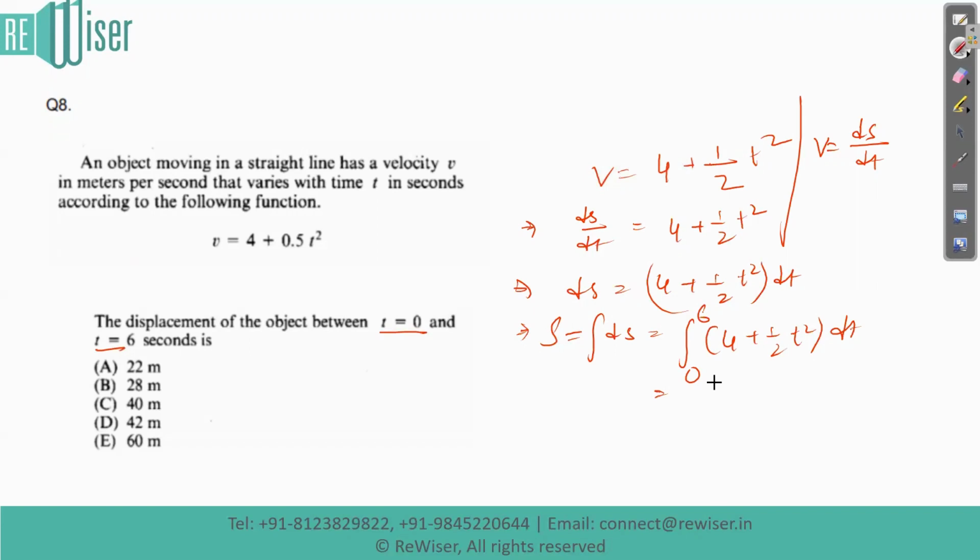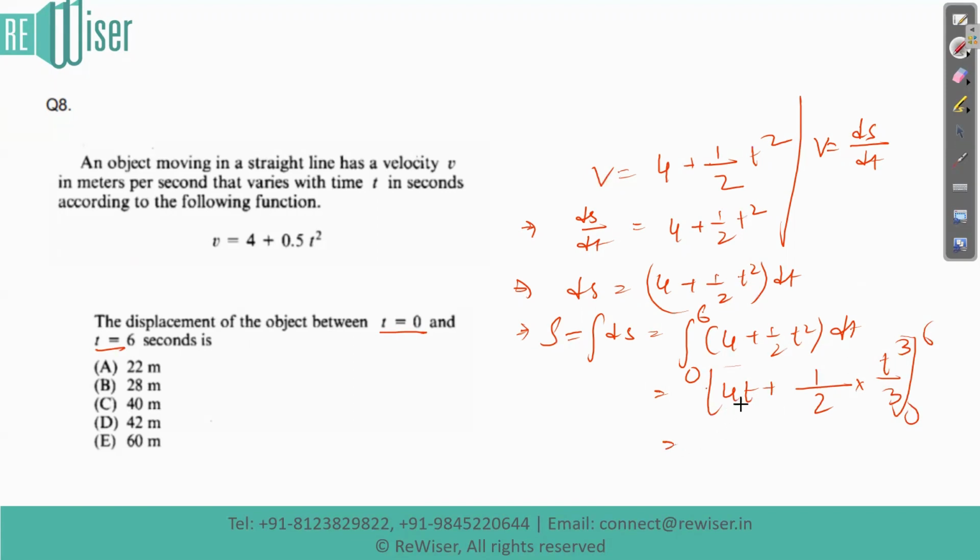Now, if I integrate this, I get 4t + half into t cube by 3, between 0 and 6.